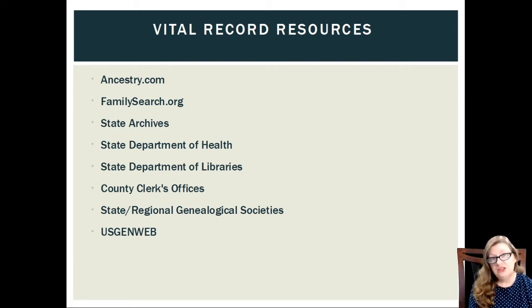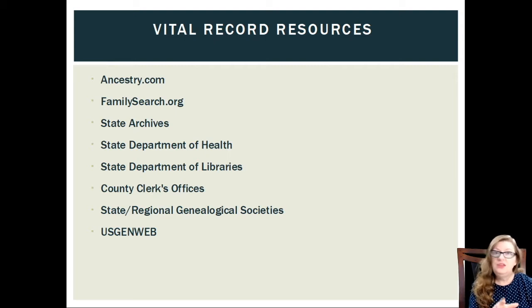Well, the next step you can do is go to either the state level or the county level, those government entities that originally issued those records, and see what information they may have on their websites.